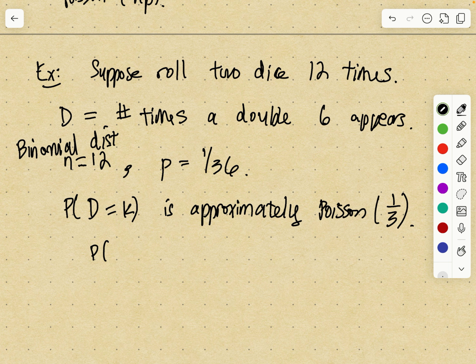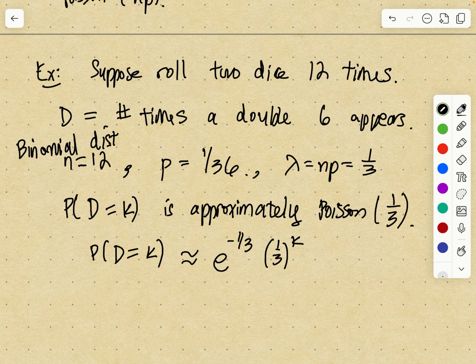So lambda is np, right? That's 1/3. That's how we get this 1/3. So the probability that D is k is approximately e to the minus 1/3 times (1/3) to the k over k factorial.